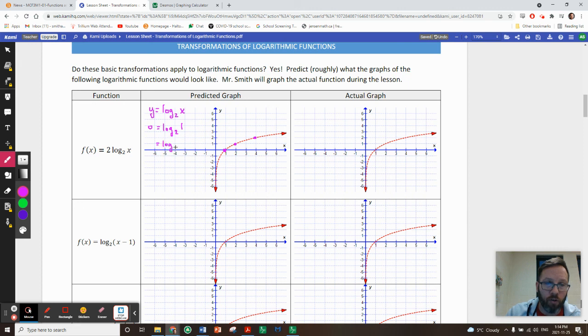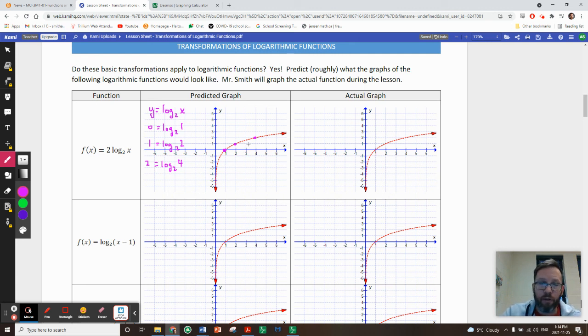When x is equal to 2, 2 to what power gives you 2? The answer is 1, so we get the point (2, 1). And the other anchor point you can see is when x equals 4. 2 to what power gives you 4? 2. The log base 2 of 4 is equal to 2. And that gives you those 3 anchor points we see there.